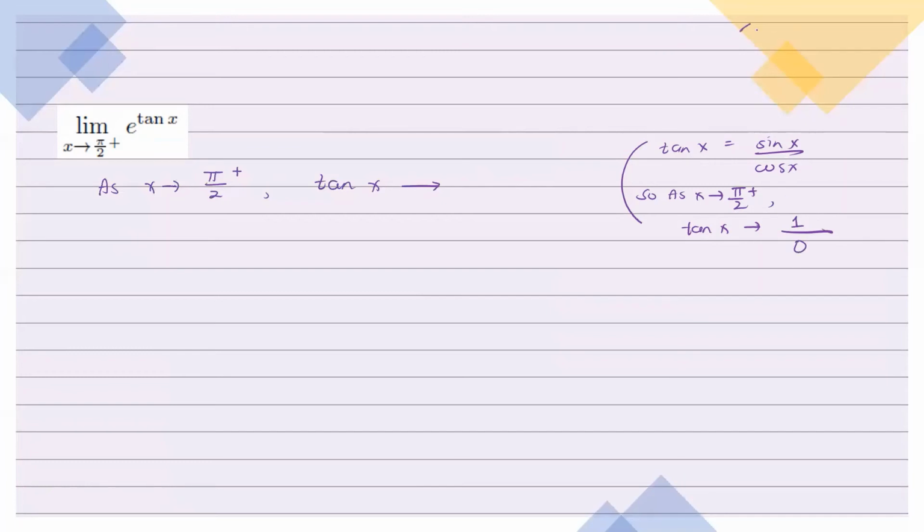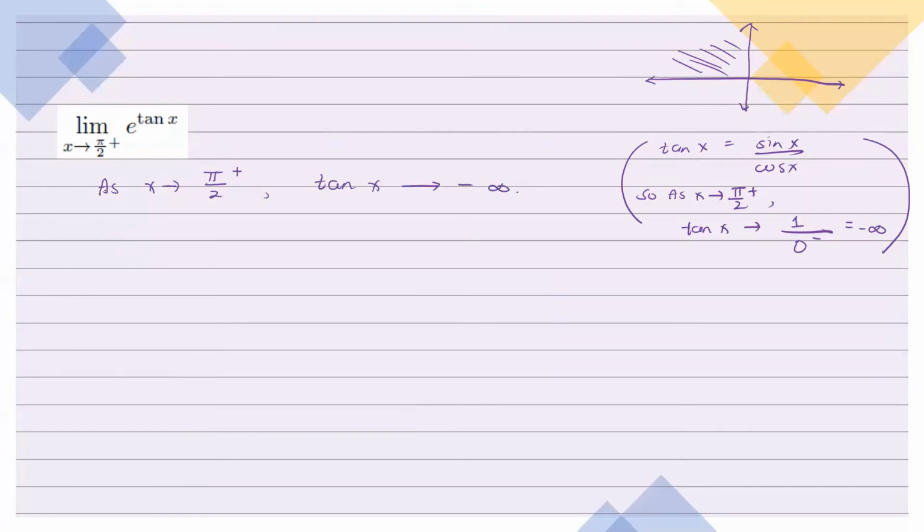So consider natin yung ating mga angles. Ang pi over 2 ay dito sa part na ito. So ang mas malaking angle sa kanya ay kapag nasa quadrant 2 ka na. So dito ano yung cosine? Is it negative or positive? Negative po, di ba? So we have 0 minus. And hence, this is negative infinity.